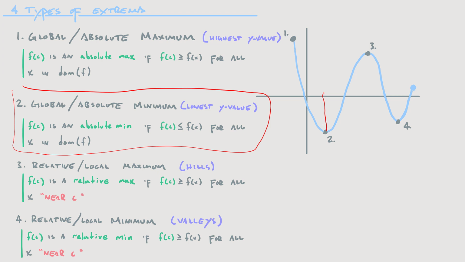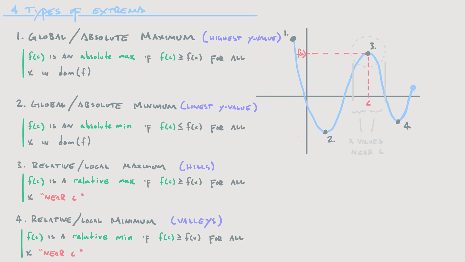Here's c. It's really hard for me to draw straight lines like this. Here's f of c. What this is saying is this value is smaller or the same as any other f of x value. So look at the entire rest of the range. Well, f of c is the smallest one. There's no other x value in the domain that would produce a y value that's smaller than f of c. That's what's making this f of c the absolute minimum.